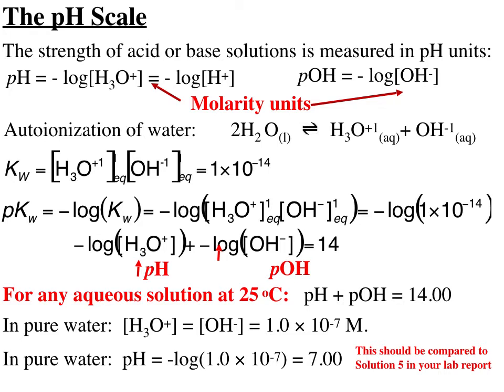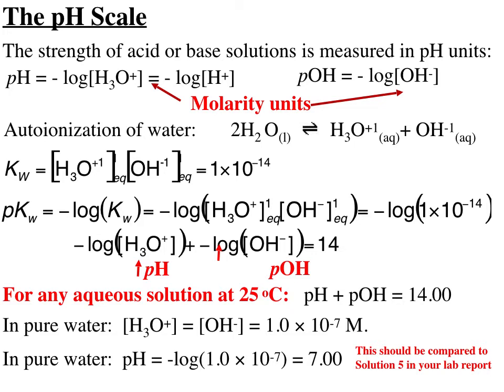Now, typically, we have our choice. We can measure the pH, and from the expression 14 minus pH, we can always find the pOH. We can measure the pOH and always find the pH, because pH is equal to 14 minus pOH. It has to be true. But typically the devices we use in the laboratory are known as pH meters, and they will directly measure the pH for us.